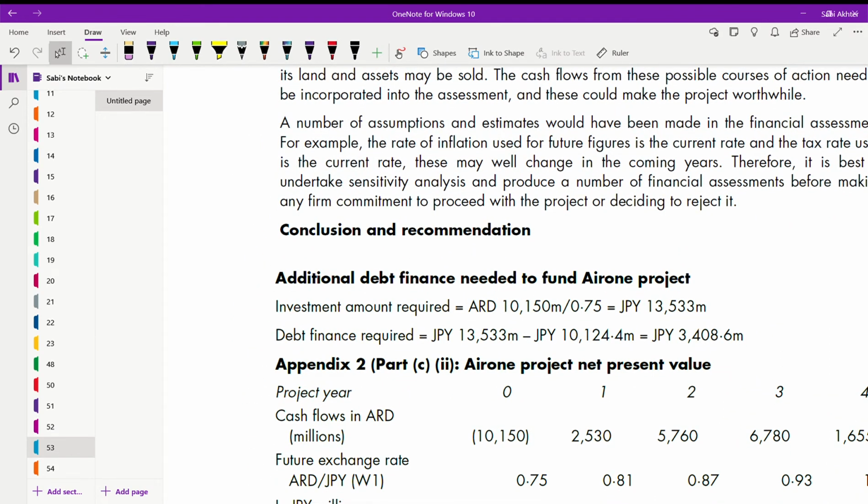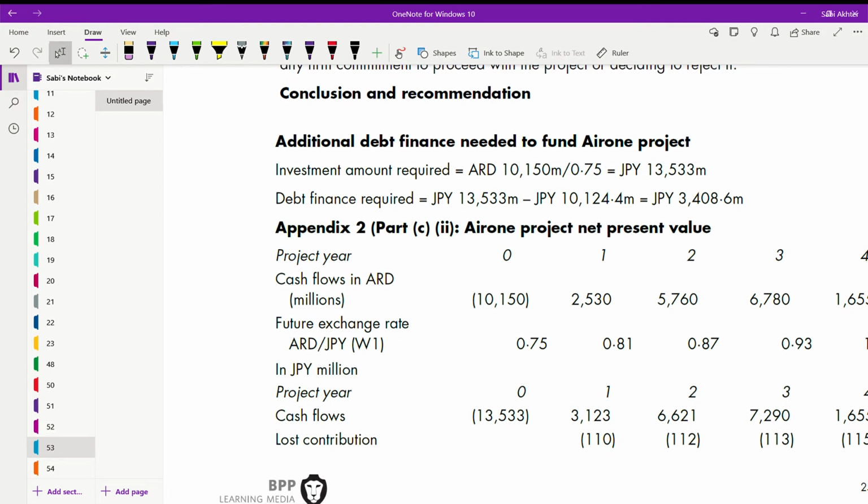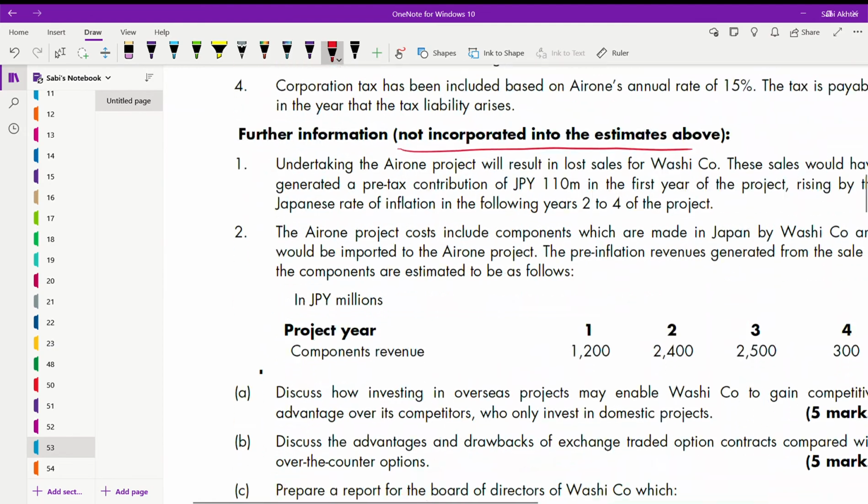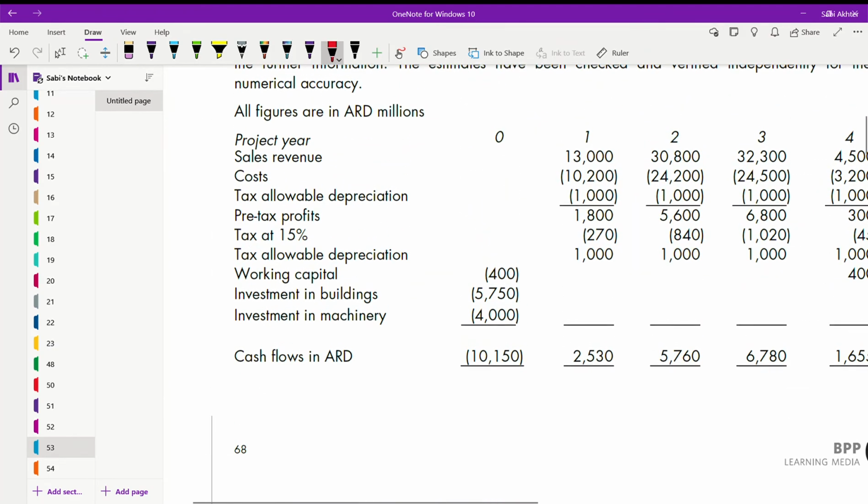So debt finance is required. How much? If you see from your cash flow, the investment amount required is this, 10,150. Exactly, this is the amount you require.